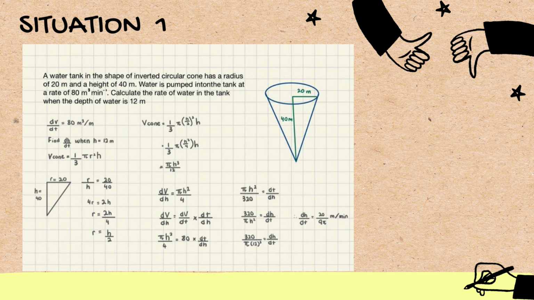Now we can substitute the r in the cone formula. Sorry guys, there is a bit of misunderstanding. Now we can substitute the r in the cone formula. So now we will get everything in terms of h, which is pi h cubed over 12.